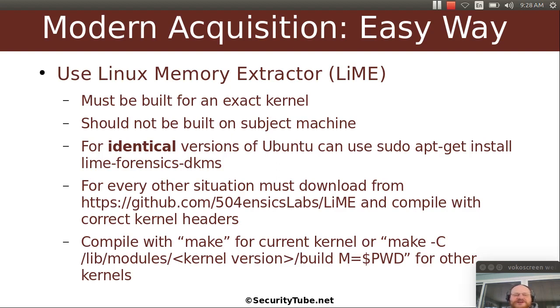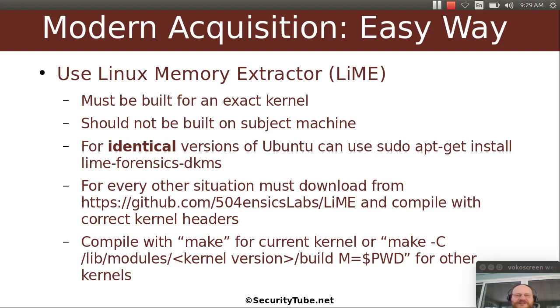So for every other situation, you need to go to the GitHub for LiME. By the way, those of you who might have read a very good book called The Art of Memory Forensics that came out recently, all about how to use Volatility, you might note that they have outdated links in that book, which is not surprising given how books are made and how long it takes.